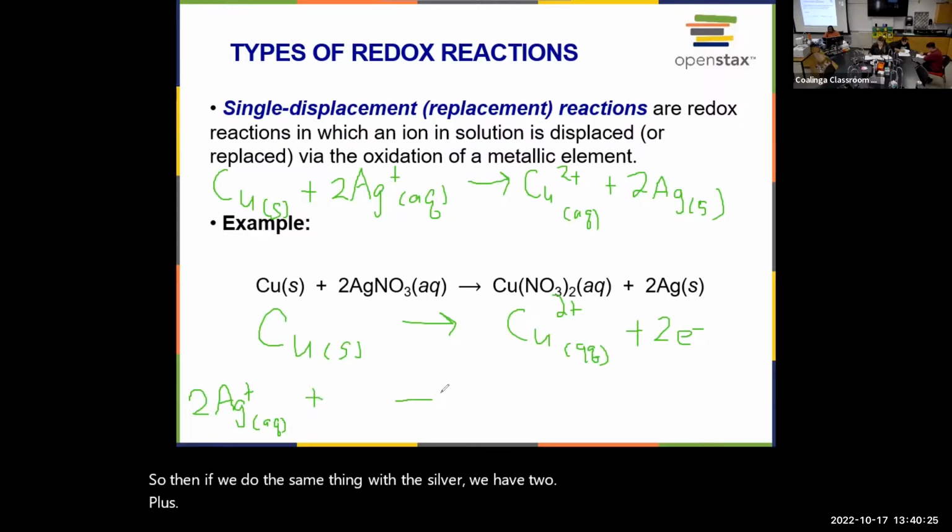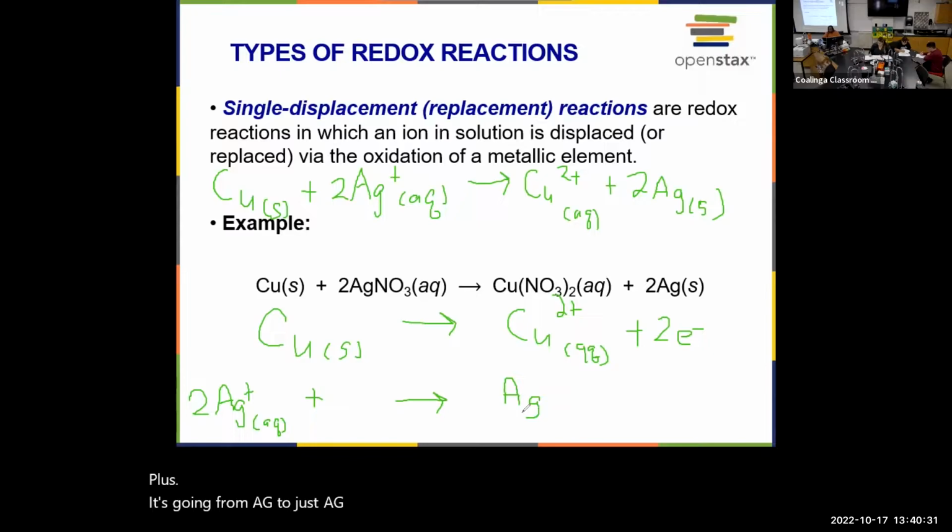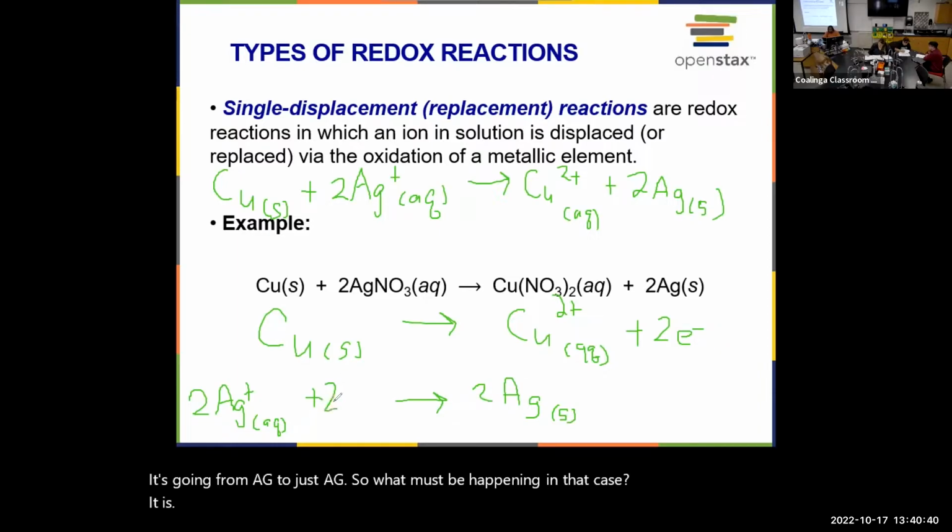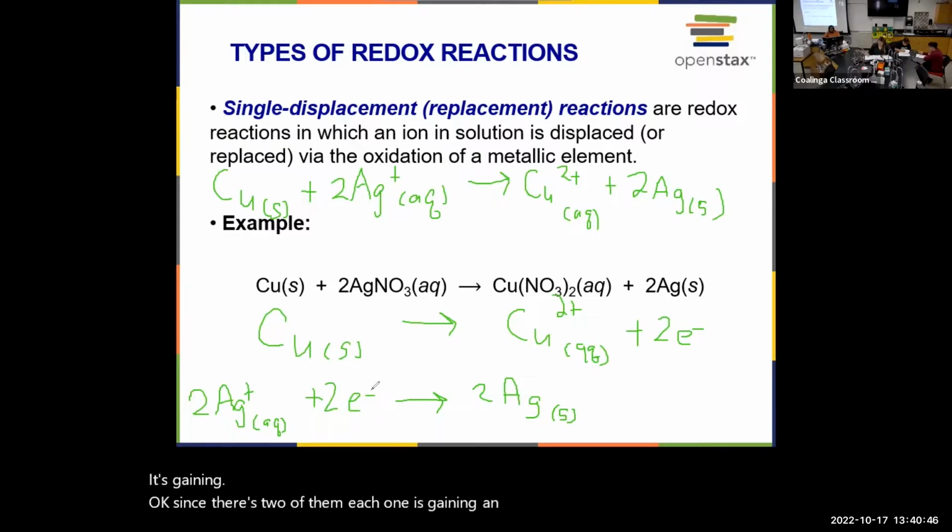Now it's going from Ag plus to just Ag. So what must be happening in that case? It's gaining an electron. Since there's 2 of them, each one is gaining an electron, right?